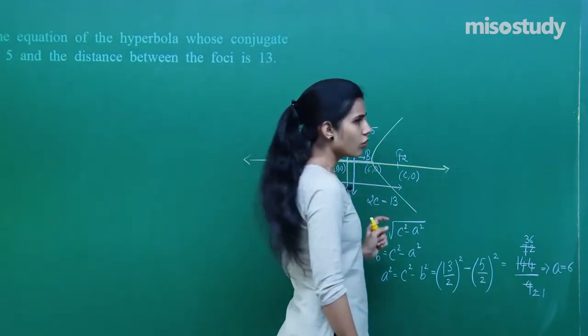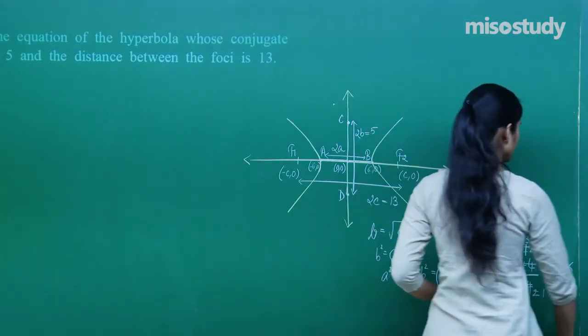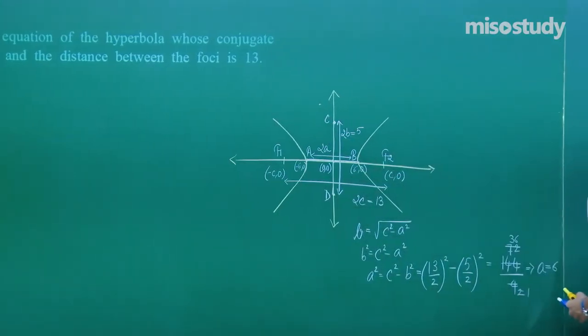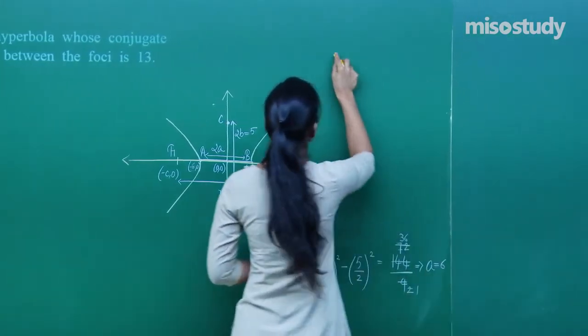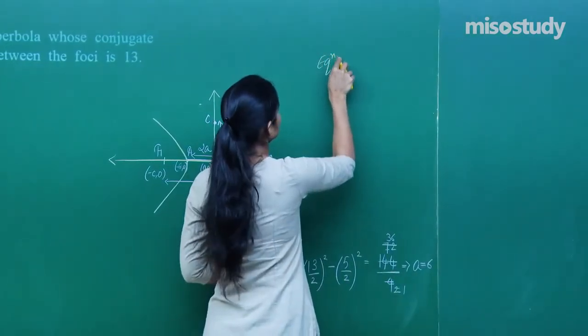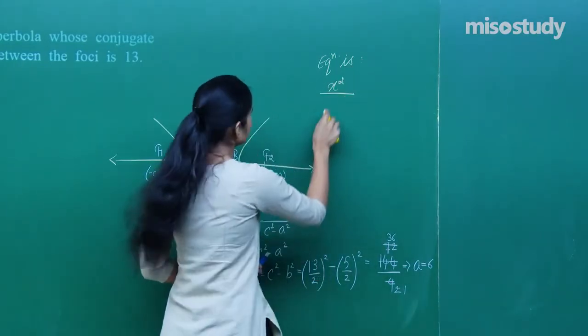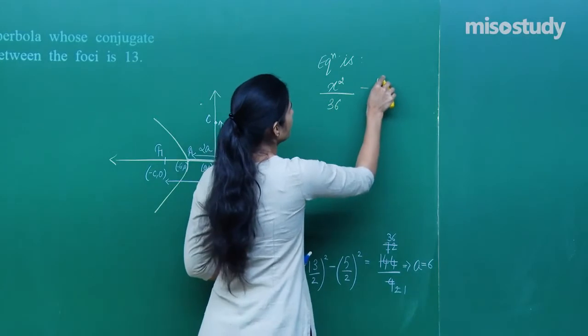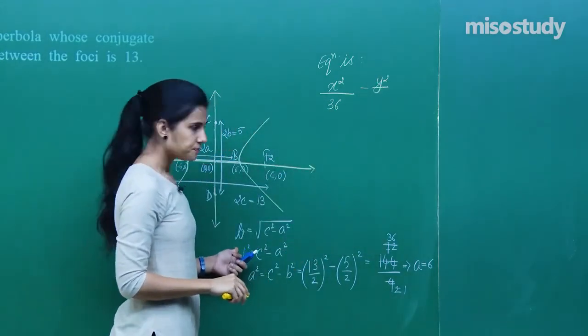Now that you have got the coordinates of A, B and C as well, I am wishing to get the equation of this hyperbola. It is given by x square by A square, A is 6, minus y square by B square. What is B?